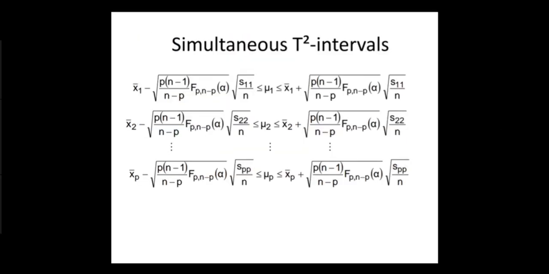Okay, next we proceed with the simultaneous T-square intervals. This is the way you find the confidence interval for a multivariate population. Before this, as I briefed you in the previous lecture, we also can make the conclusion about the plausible value of the mean vector using the confidence interval.